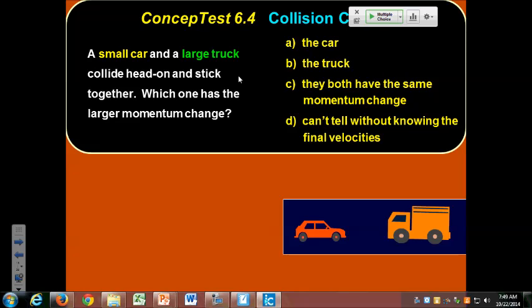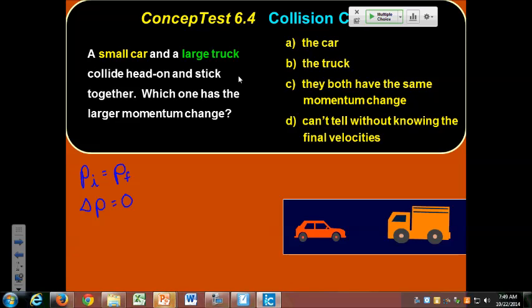A couple different ways that you can think about this. You can think about this that P initial is equal to P final, right? So that means that the change in momentum is equal to 0. So if I think about the total system, if I add up all their changes in momentum, then the total change in momentum will be 0. Okay?